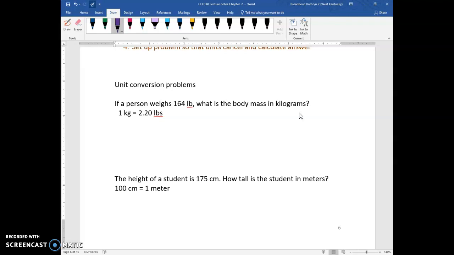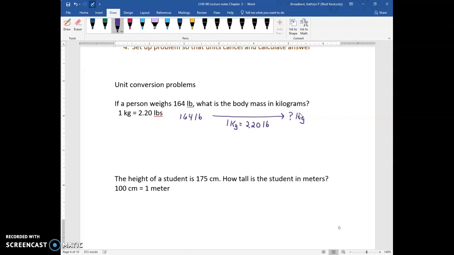If a person weighs 164 pounds, what is the body mass in kilograms? So we're starting with 164 pounds, and we'd like to know what the mass is in kilograms. So that's our plan. Our equality is given to us right here. 1 kilogram is equal to 2.2 pounds.